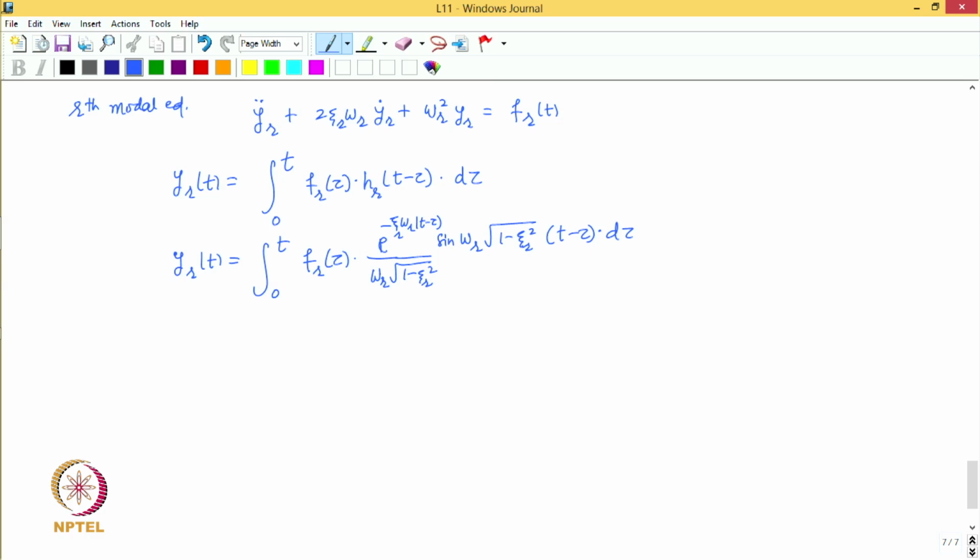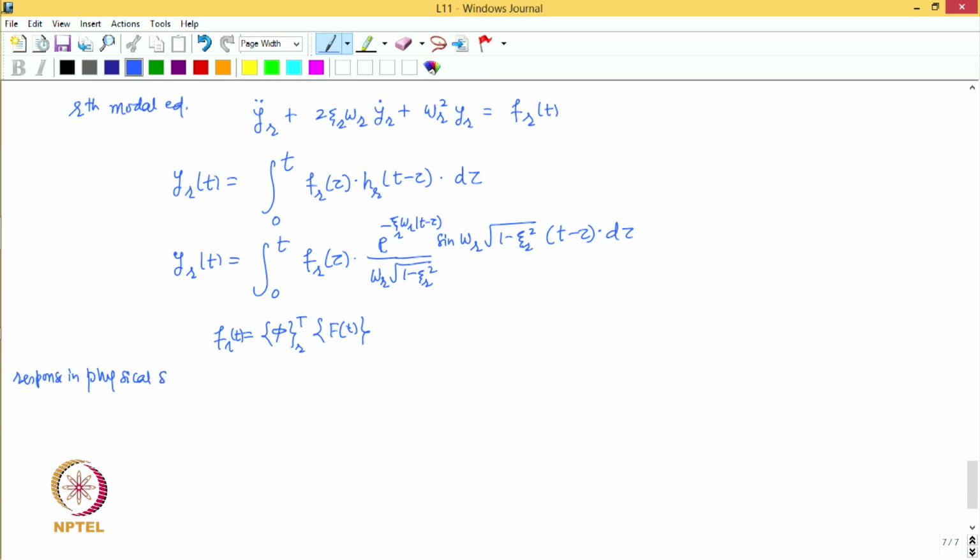So, now we also have the Fr, right. So, Fr is basically the dot product of the Rth eigenvector, right, with the vector of transient forces. So, this is Fr t, right, and now this also we can substitute in the expression for Yr, and then we can find the physical response in physical space, right.